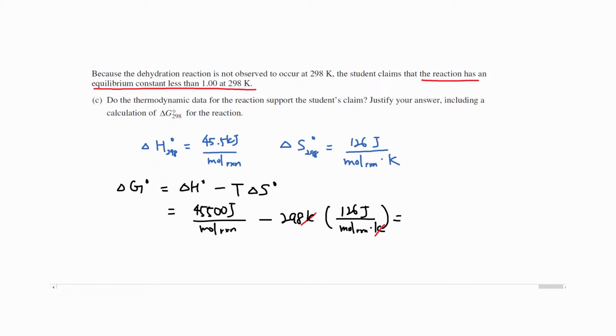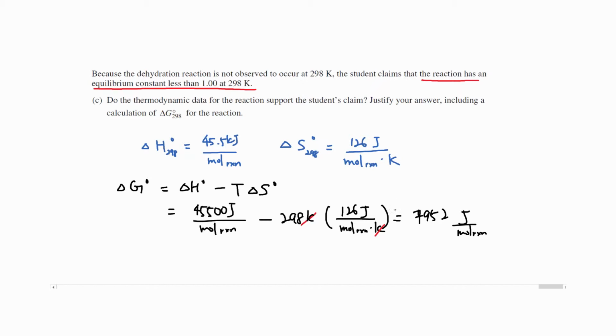When I subtract this, I get 7952 joule per mole of reaction.